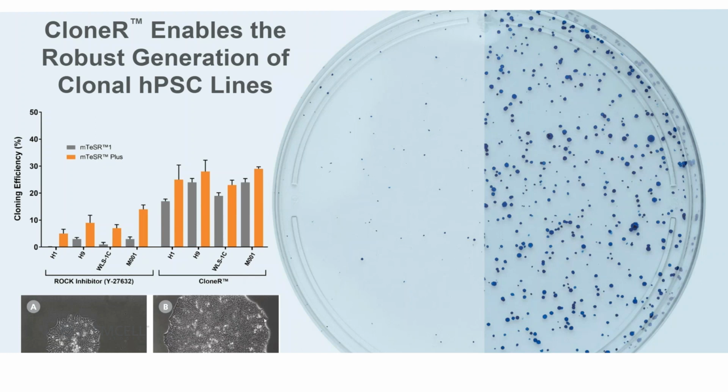And one thing to note is that with mTESR Plus, if you supplement it with Cloner, the colonies that you start to see appearing actually are much larger at the same day as with mTESR1. And so in a genome editing workflow, this can be really useful because you might be able to pick your single cell clones a little bit earlier.